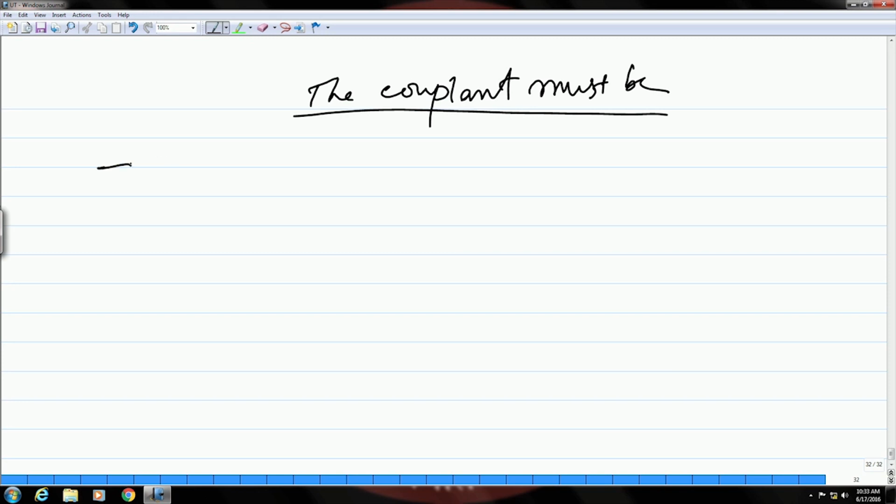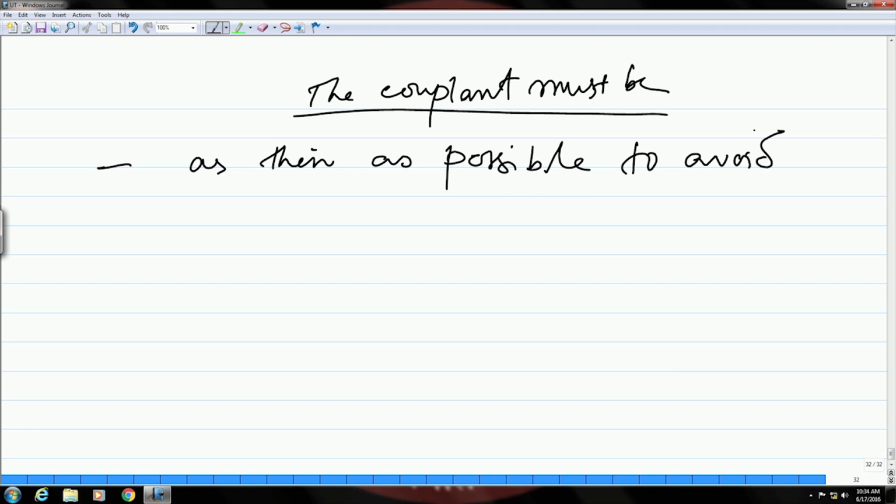It should be as thin as possible, to avoid any alteration of direction of the beam.